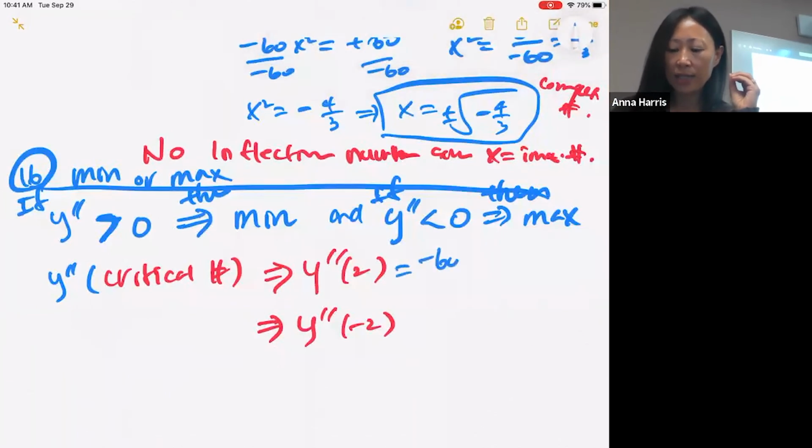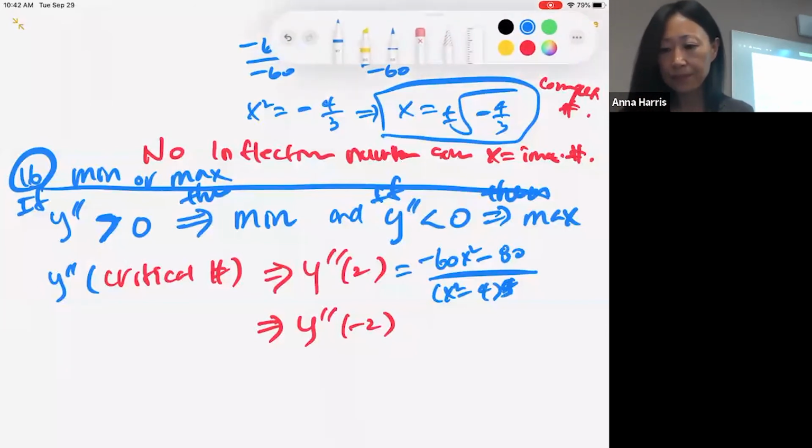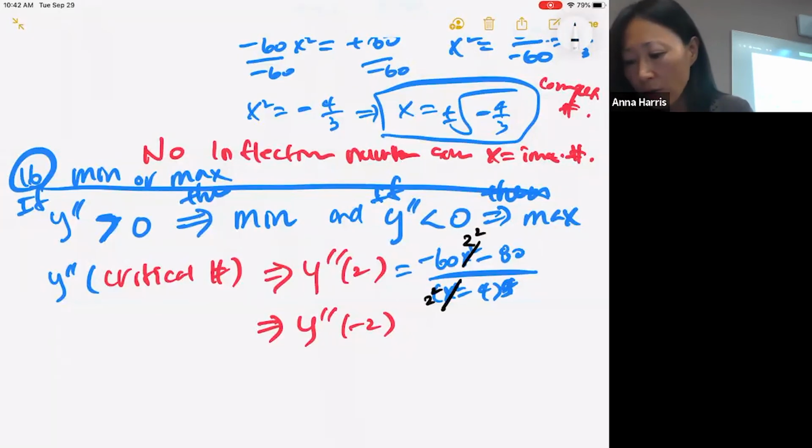Okay, so what is my equation? That was negative 60x squared minus 80, everything over 4, the third power. So plug it in. So what do you get? If you plug in 2 squared, you have 2 squared minus 4, which is 4 minus 4.